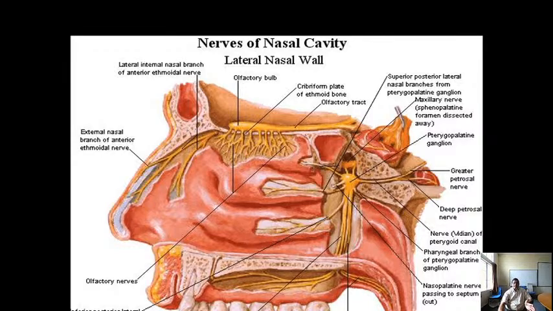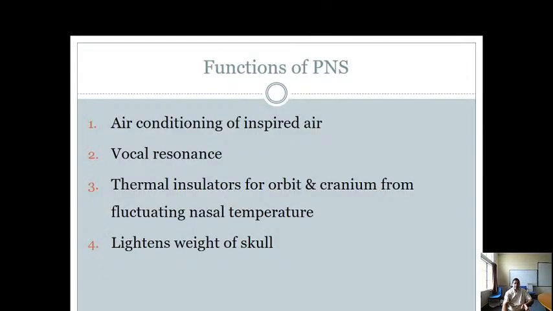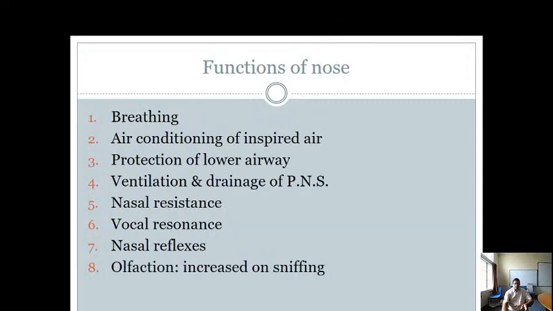So basically, the functions of the nasal cavity are breathing. Some people have given it as respiration, but breathing is the correct word, because respiration is defined as the exchange of gases. So exchange of gases does not take place in the nasal cavity here.